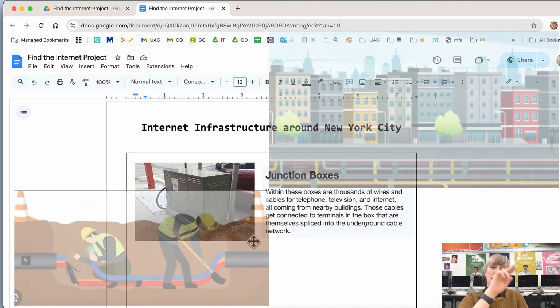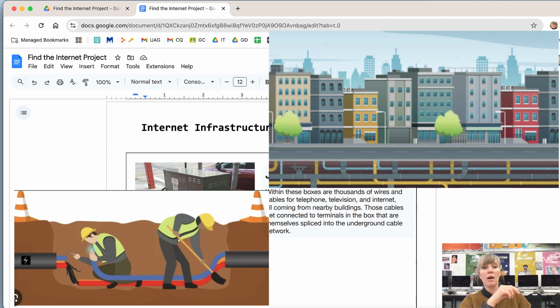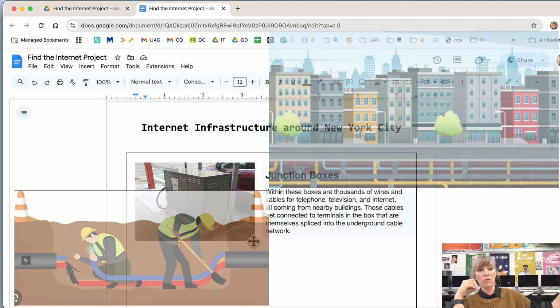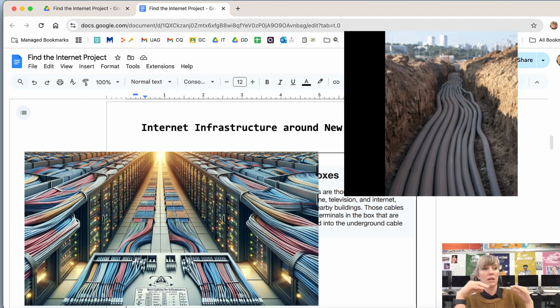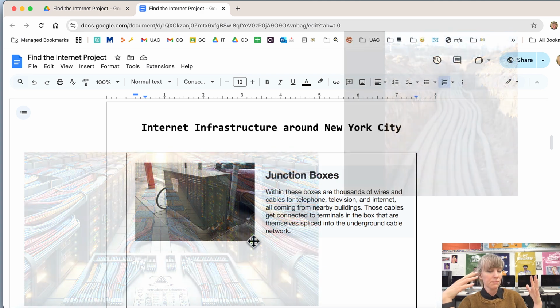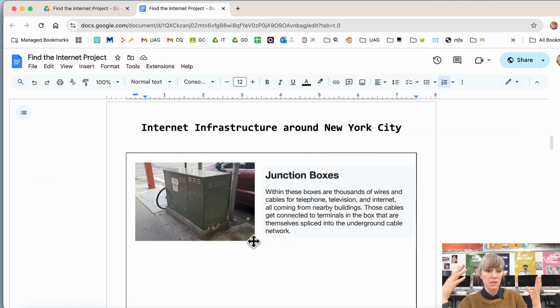And then underneath the city, we have all these cords, all these wires that are connecting the junction boxes to the servers that are way out in the middle of the country. So every single part of the internet has wires on it, except the end pieces. And since we mostly deal with the end part, which is the router to your computer, we think of the internet as being wireless, but most of the internet is wired.